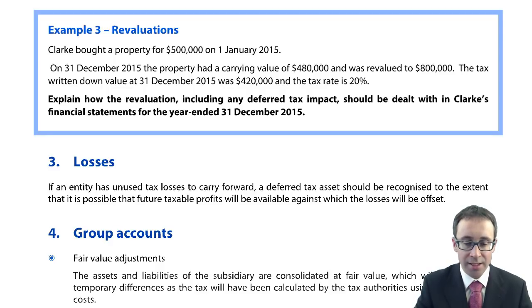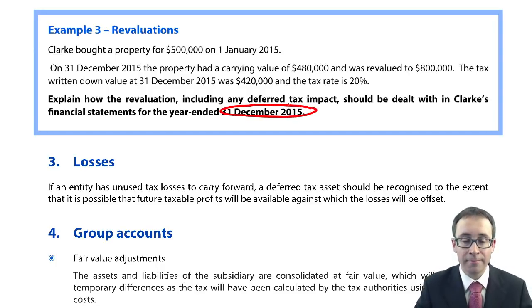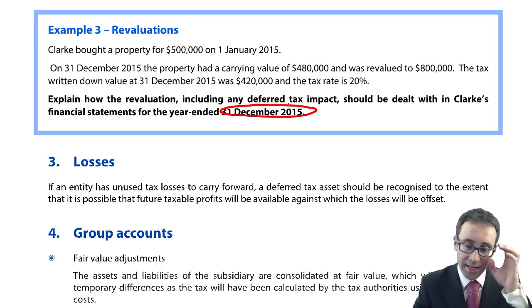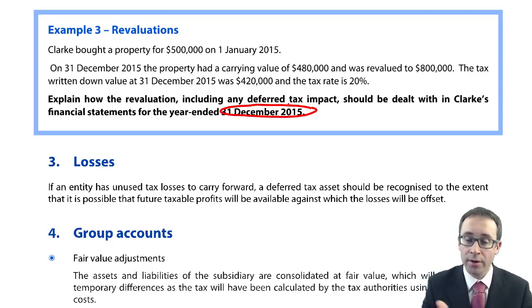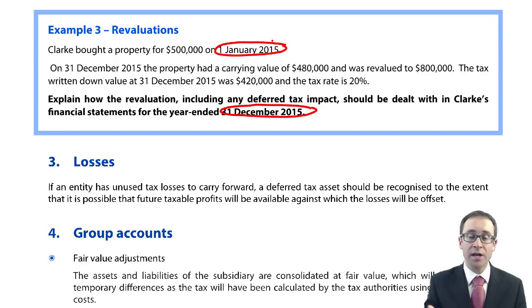So it says there, explain how the revaluation, including any tax impact, should be dealt with in Clark's financial statements for the year ended 31st December 2015. Clark bought a property for $500,000 on the 1st of January 2015. So everything at the start of the year was zero.